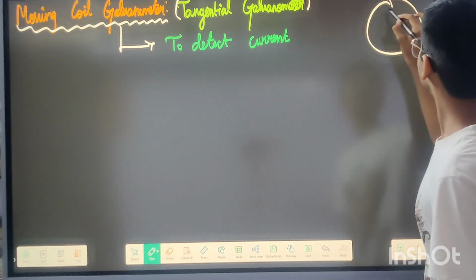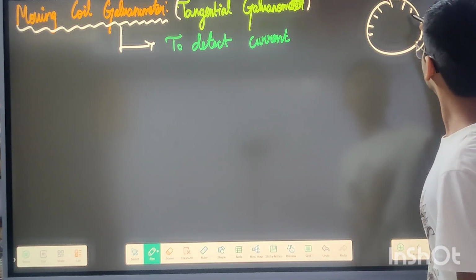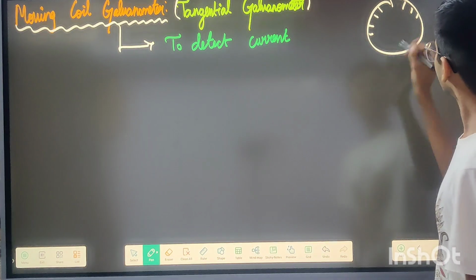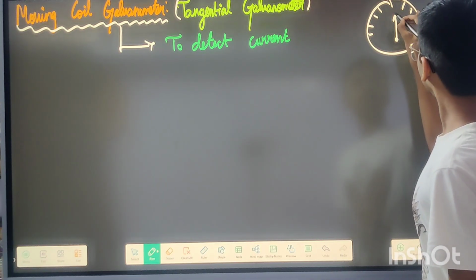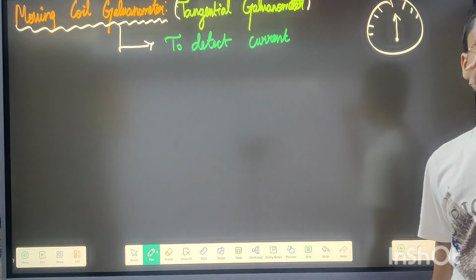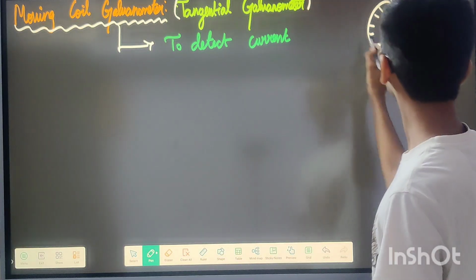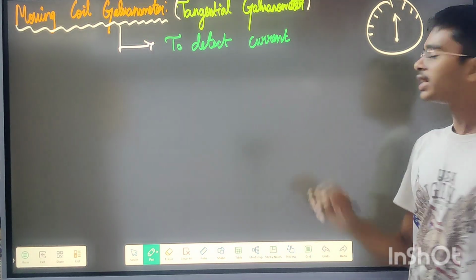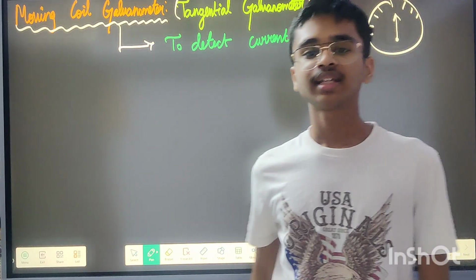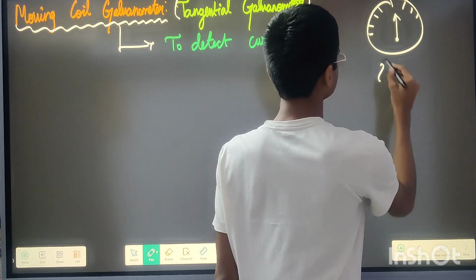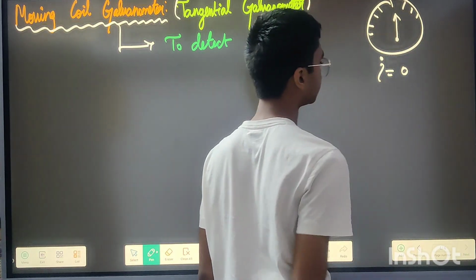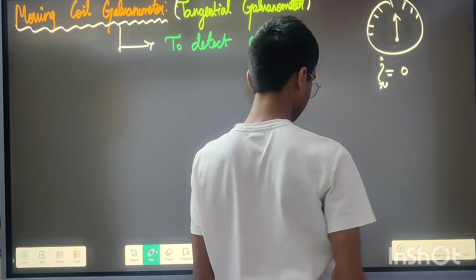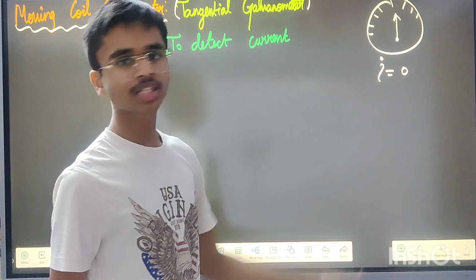It will have readings over here, and also there will be one arrow mark pointing straight, perpendicular to the x-axis if you draw an x-axis. When it is perpendicular, that indicates that current I is equal to 0.